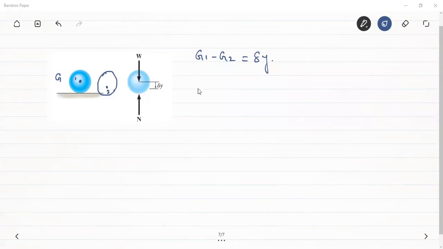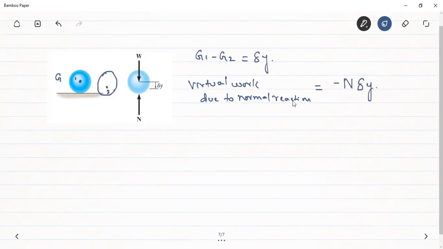Virtual work due to normal reaction: there is an N force in the vertically upward direction, and the displacement is in the downward direction. Therefore the virtual work will be equal to minus N delta y.